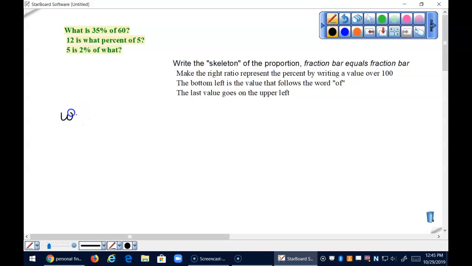Okay, so what is 35% of $60? My first step is to write the skeleton of the proportion. Fraction bar equals fraction bar. My next step is make the right ratio represent a percent with something over 100. So in my problem, the percent is 35%.